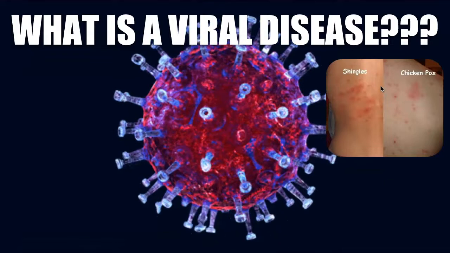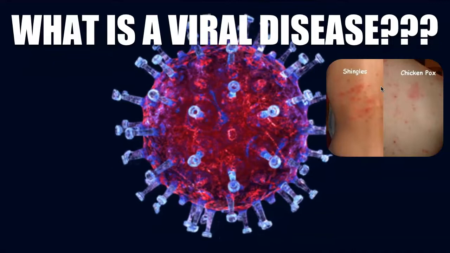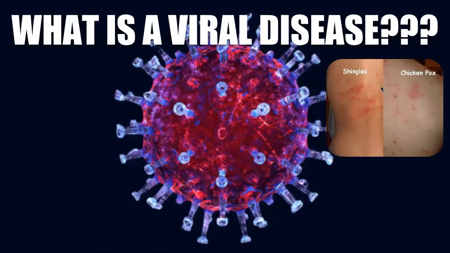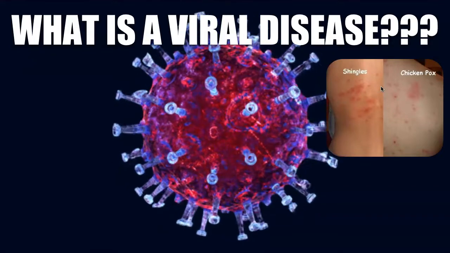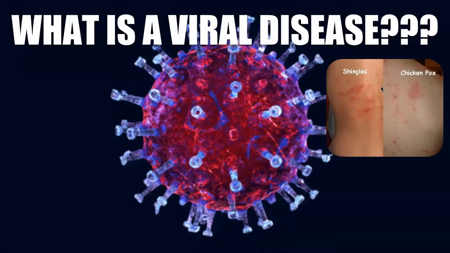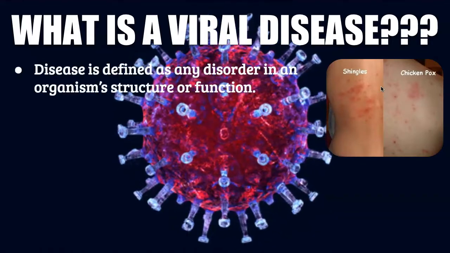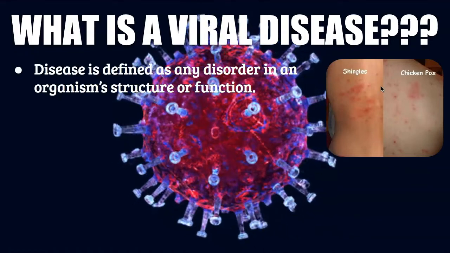So what is a viral disease then? In your textbook, the section that you guys read yesterday talked about viral diseases and how we combat them. But it did a very poor job at really explaining what a viral disease is. Probably because the book thinks that's kind of self-explanatory, but we're going to go ahead and look at it. So first of all, a disease is defined as any disorder in an organism's structure or function.